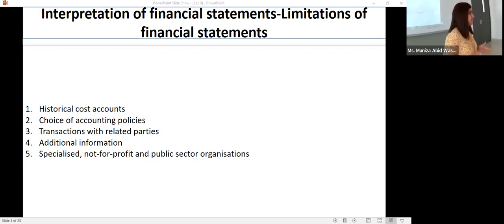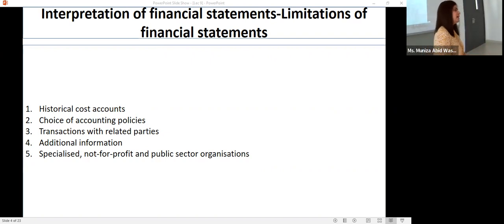Now, the profit and losses statements of the profit-making concerns and not-for-profit making concerns are based upon different principles. Where in profit-making concerns, we are trying to analyze the difference between the income and expenses. In the statements of the not-for-profit making concerns, we are trying to analyze the surpluses and deficits.